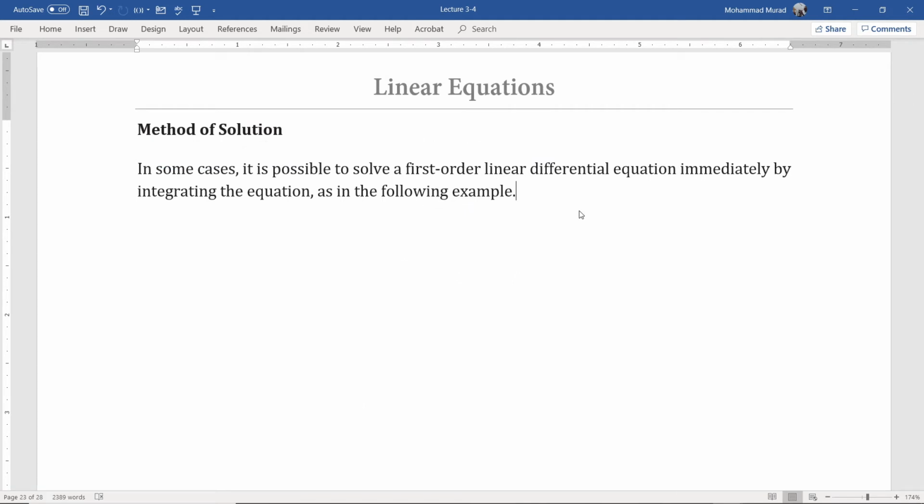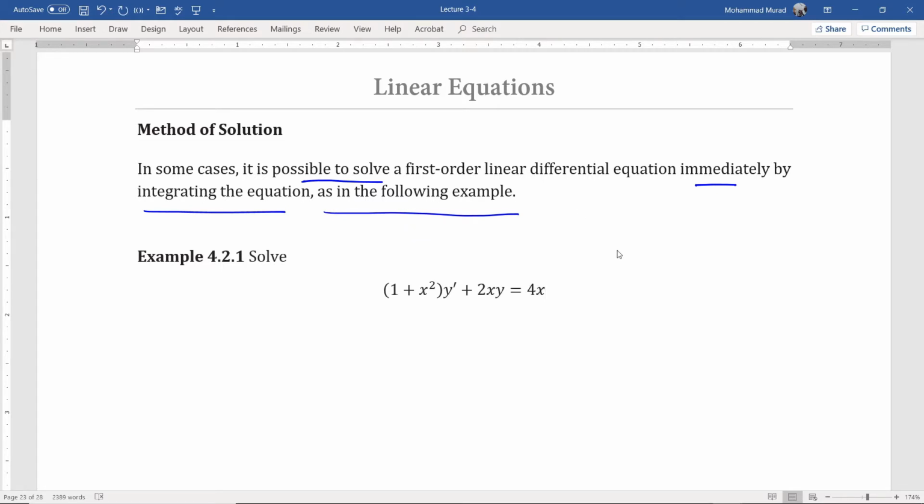Method of solution. In some cases, it is possible to solve a first-order linear differential equation immediately by integrating the equation, as in the following example.